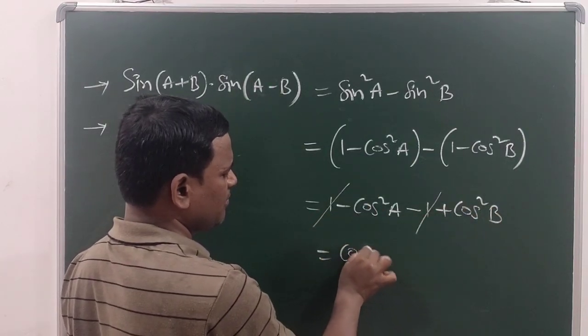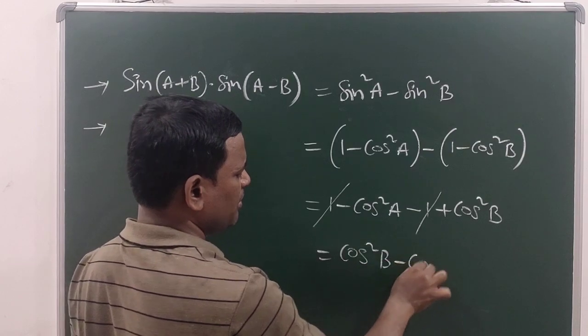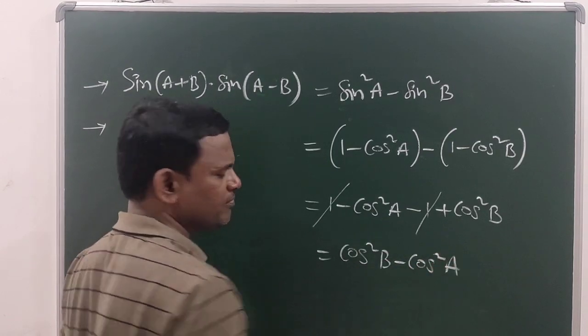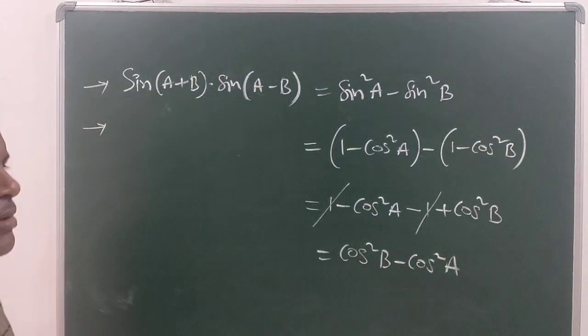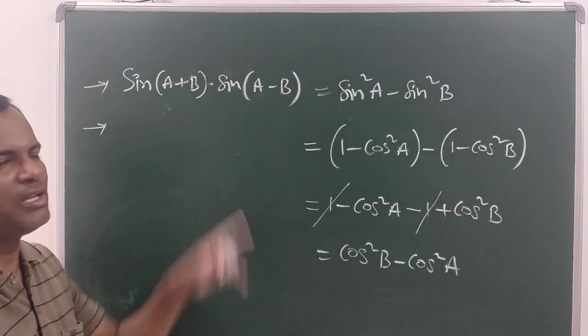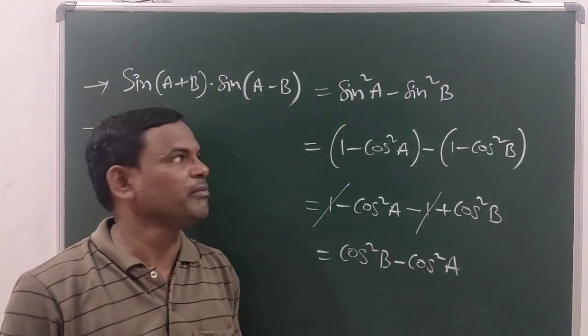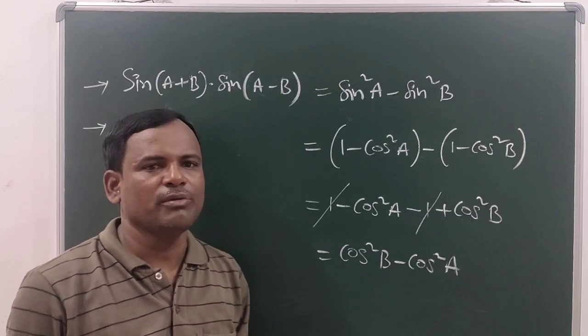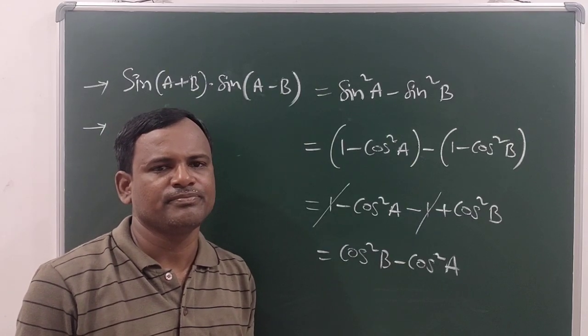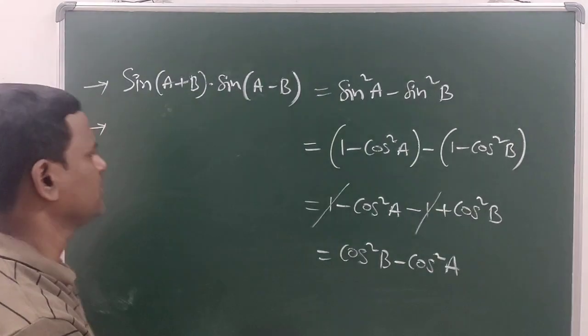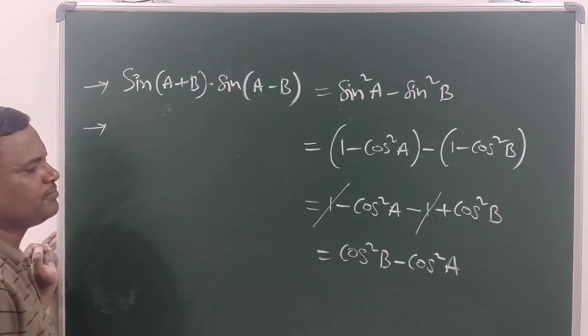What is left here? Cos square B minus cos square A. Sin(A+B) into sin(A−B) equals sin square A minus sin square B, and cos square B minus cos square A. Okay, right.